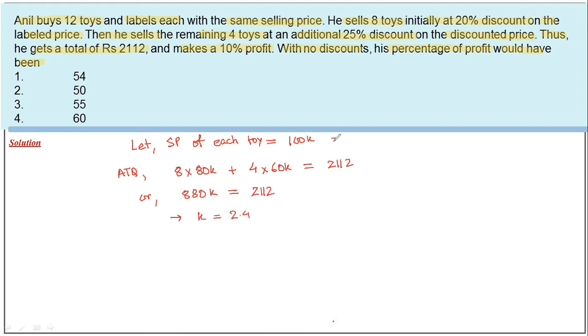So SP of each toy becomes 100 into 2.4, that is equal to 240. Also, he made a 10% profit.